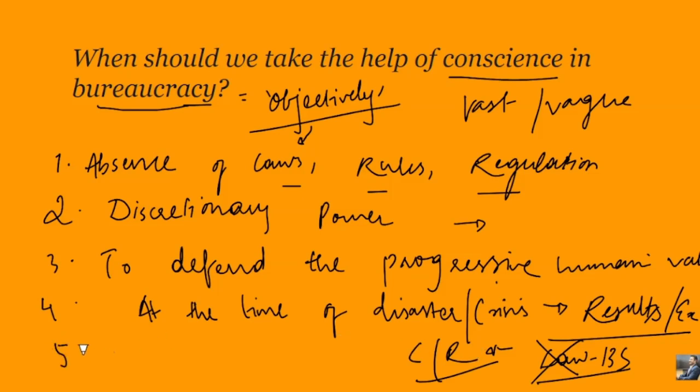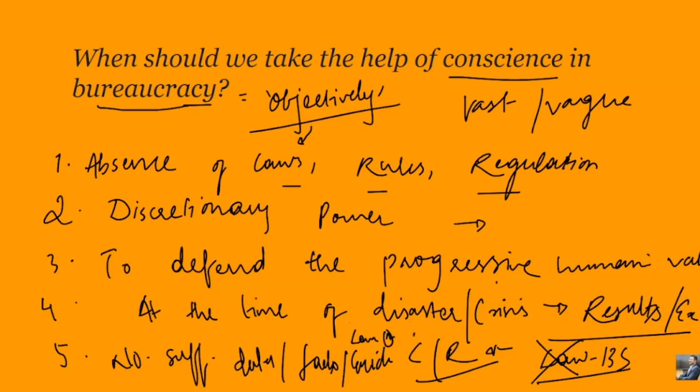The fifth and the last situation is when there is no sufficient data or facts or guidelines to take a decision, right? The example I have given regarding the land allocation to A and B, where A was wealthy and B was a poor lady.